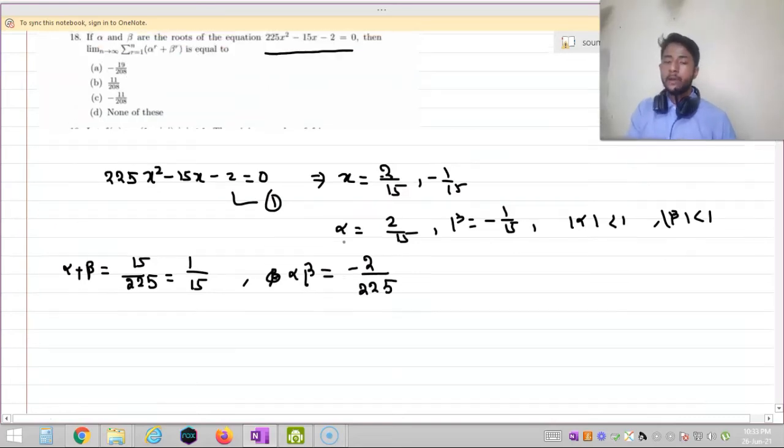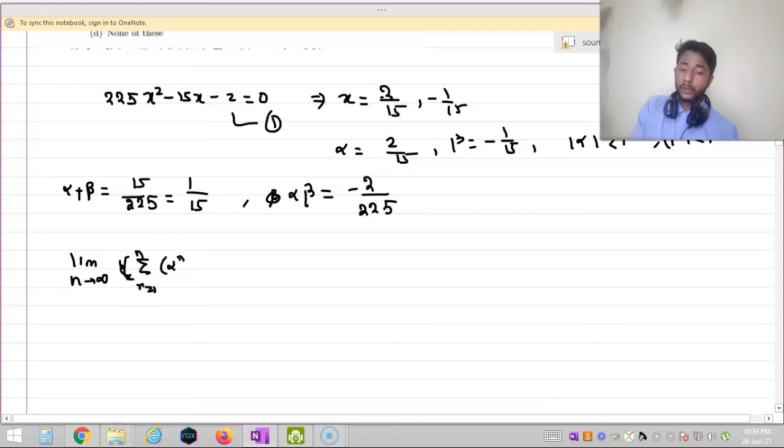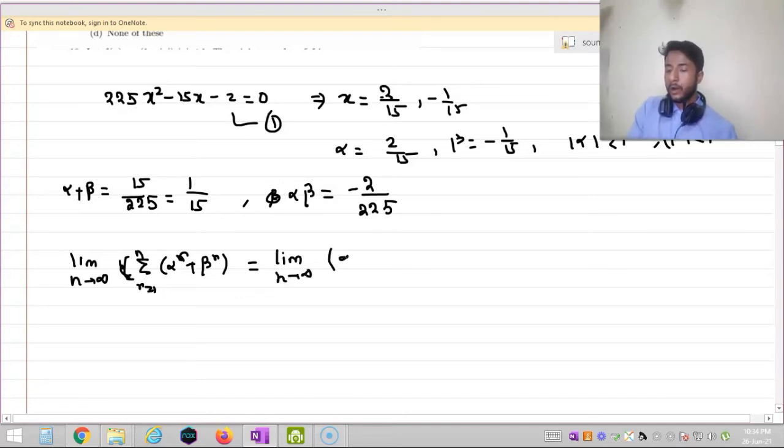Now consider this limit: n tends to infinity, summation r equal to 1 to n of alpha to the power r plus beta to the power r. I am writing limit n tends to infinity of alpha plus beta plus alpha squared plus beta squared plus and so on up to alpha to the power n plus beta to the power n.